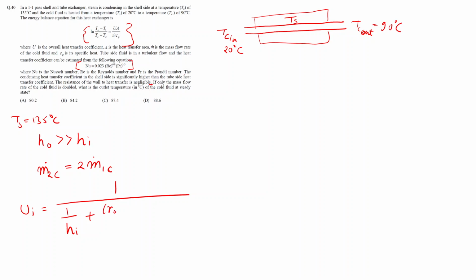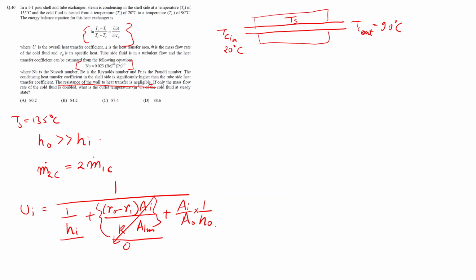Similarly, this will be my conduction resistance of the wall, that is Ai upon k ALM, plus Ai upon A0 into 1 upon h0. So this is my convection resistance, this is my conduction resistance of the wall, and we have been given in the question that the resistance of the wall to the heat transfer is negligible. So this entire term is negligible, so let's just consider it as 0.